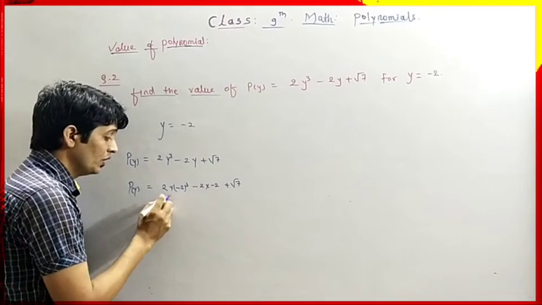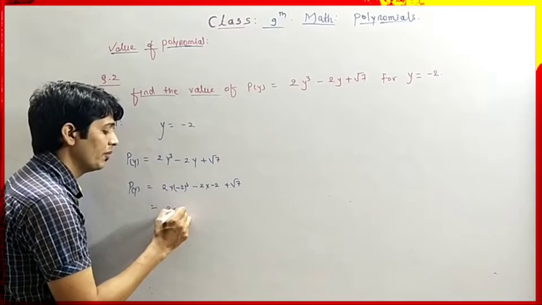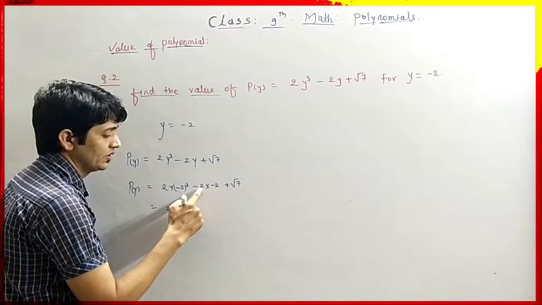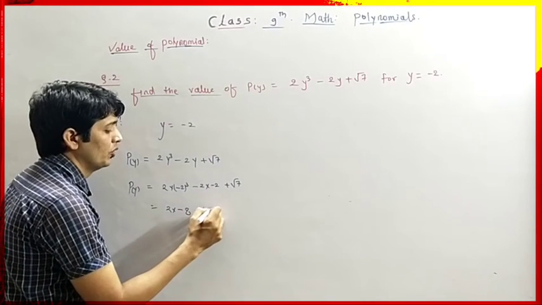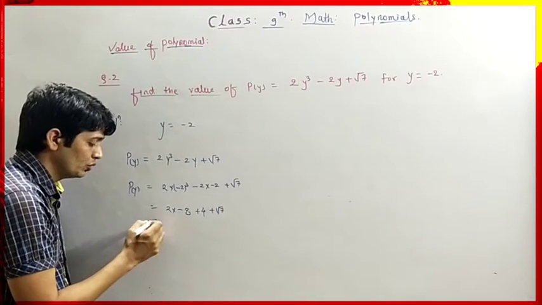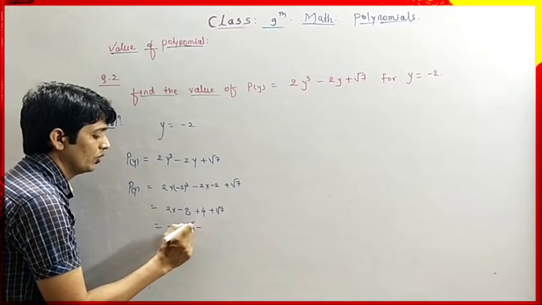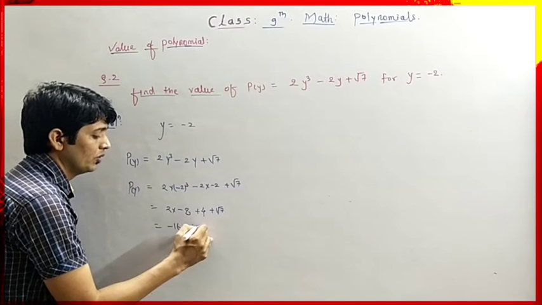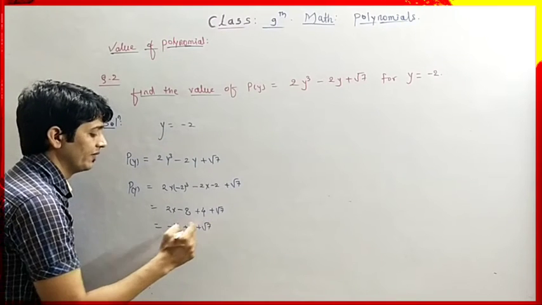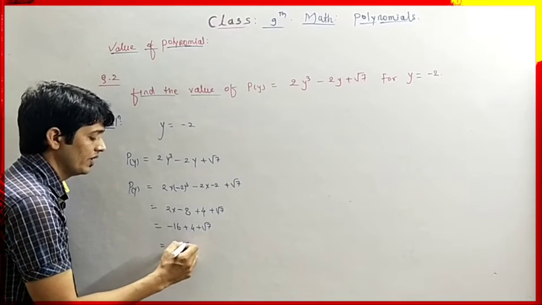Now 2 into cube of minus 2, which is minus 8, is minus 16. Minus into minus is plus, and 2 into 2 is 4, plus root 7. So minus 16 plus 4 is minus 12, so minus 12 plus root 7.